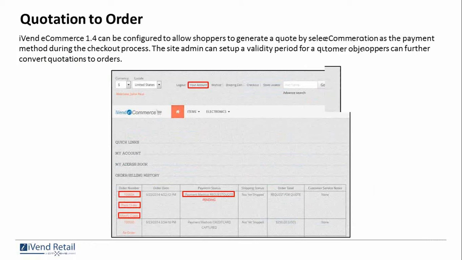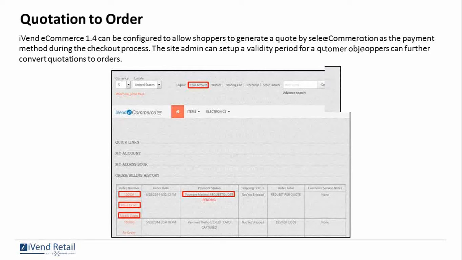UDF integration. Again, in the environment of iVend, you can create a UDF which can be seamlessly integrated to iVend eCommerce. Now there could be certain fields, certain static values that you want to integrate to iVend eCommerce when you define certain things in iVend or in SAP Business One.